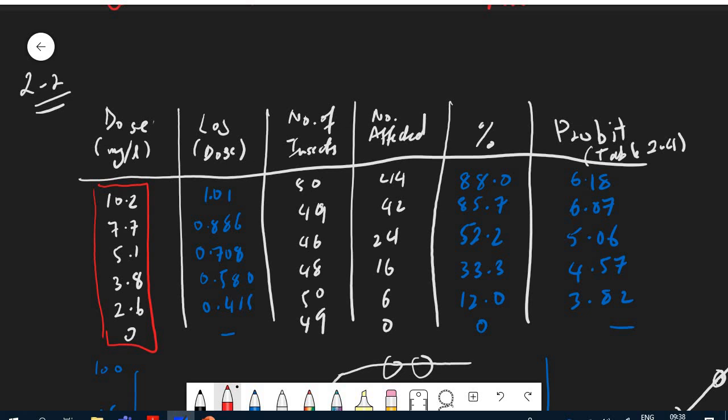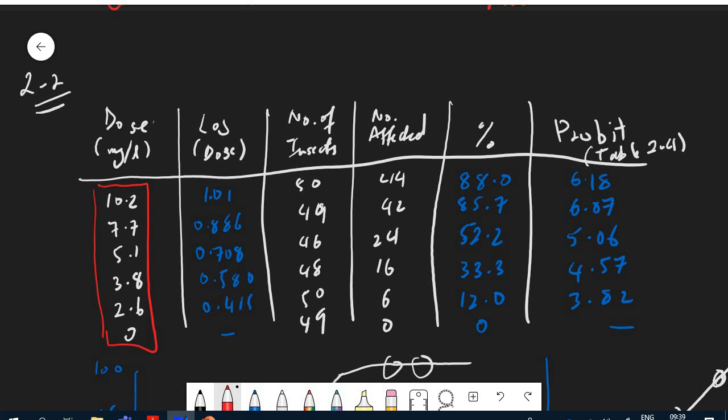For the number of insects affected, 44 divided by 50 gives me 88%. Then 42 out of 49 affected is 85.7%. 24 divided by 46 is about 52.2%. 16 divided by 48 is exactly a third, so that's 33.3%. 6 divided by 50 is 12%. And 0 divided by 49, because none were affected, is of course 0% affected.